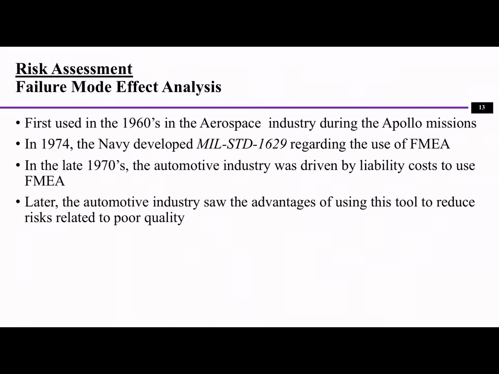And a little bit of history: it was first introduced in the 1960s, in the aerospace industry during the Apollo missions, because in aerospace there are so many components in the system, and this is also the place where systems engineering actually got involved.